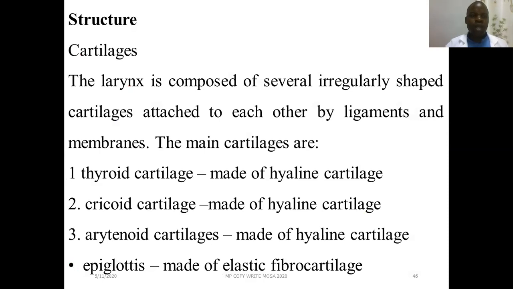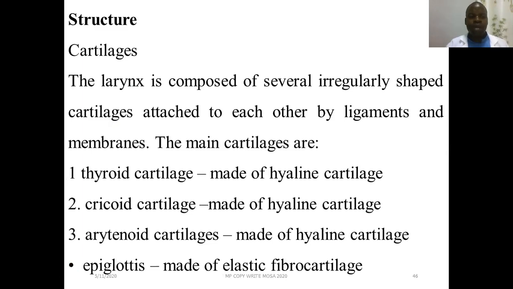Structure of the larynx. Let us look at the cartilages. The larynx is composed of several irregular shaped cartilages attached to each other by ligaments and membrane. The main cartilages are the thyroid cartilage, made of hyaline cartilage. Then we also have the cricoid cartilage, made up of hyaline cartilage as well.